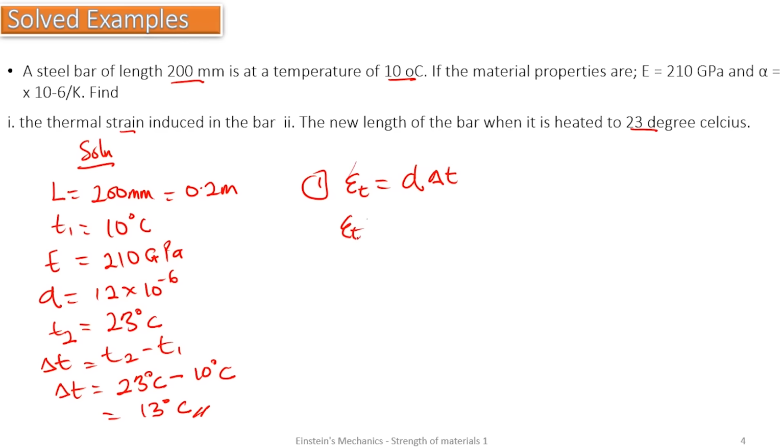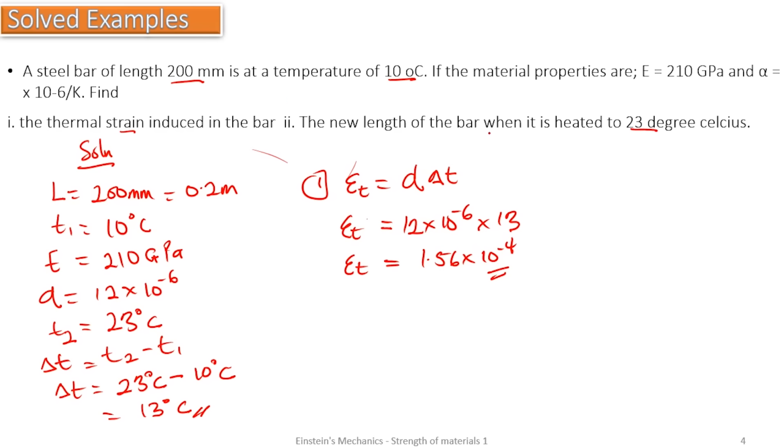So the thermal strain is 12 to the power negative 6 multiplied by the change in temperature, which is 13. And I'm getting the thermal strain to be 1.56 times 10 to the power negative 4. So this is the thermal strain.